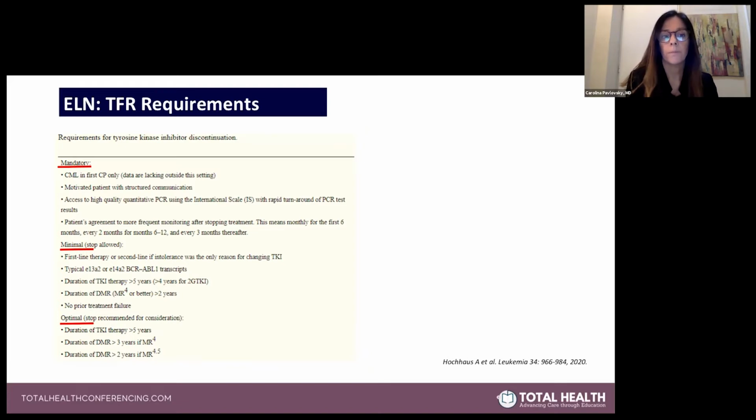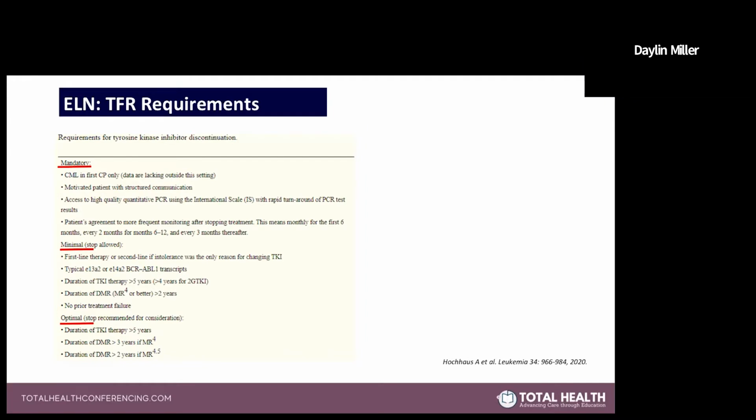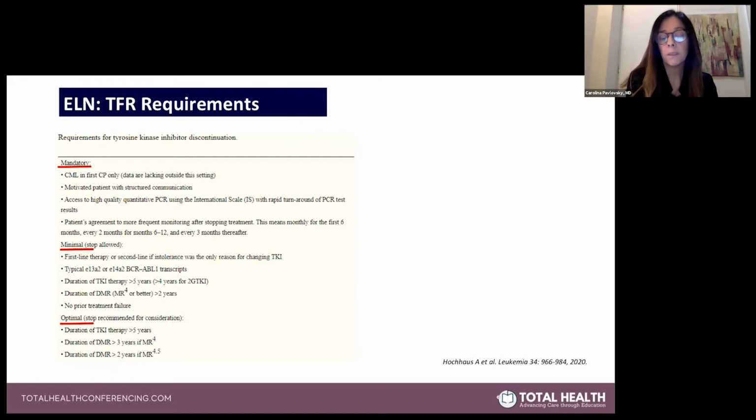The mandatory points that the ELN says are very important if a patient is going to discontinue are, for example, that the patient must be in chronic phase only, and this has to be a very motivated patient with straight communication. This is really very, very important, and the patient must know that the PCR has to be of very high quality with a very rapid turnaround test. For example, the results must be given in 15 days, not in 1.5 months.